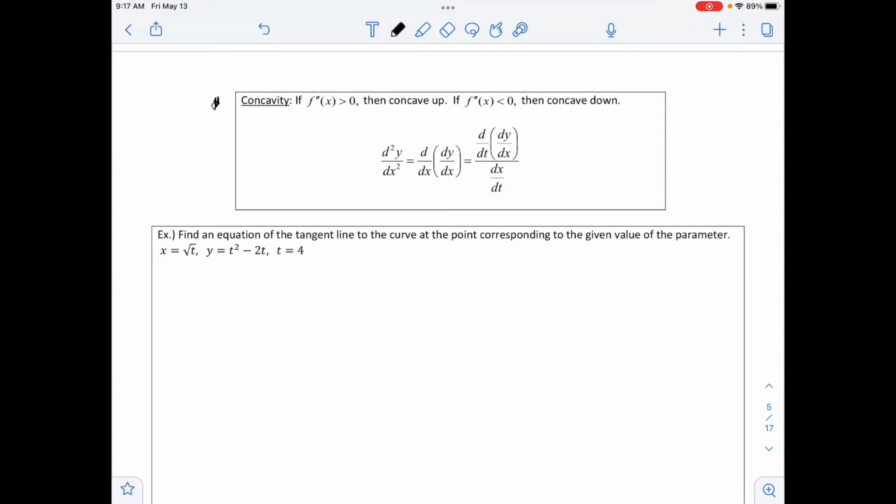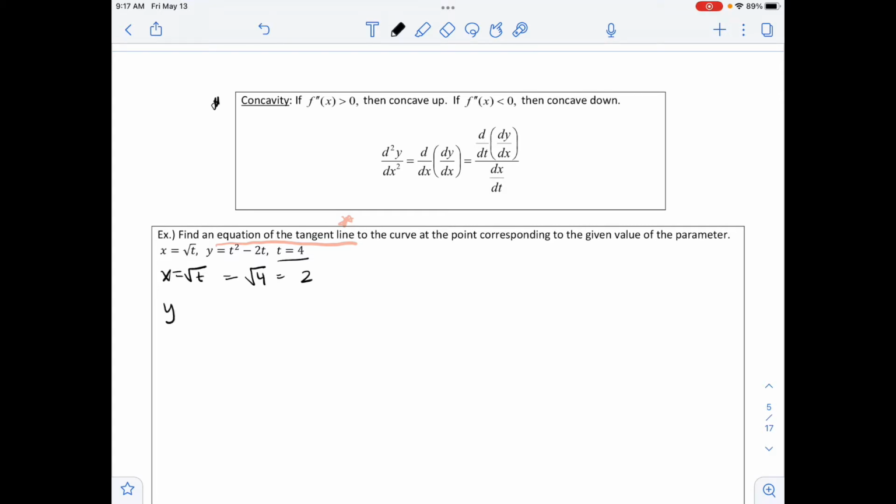It says x equals the square root of t, y equals t squared minus 2t, and t is equal to 4. So this is asking for the equation of a tangent line, and that's what we're going to be writing out for our solution. We know that x is equal to the square root of t, and t is equal to 4, so x would be equal to the square root of 4, or 2.